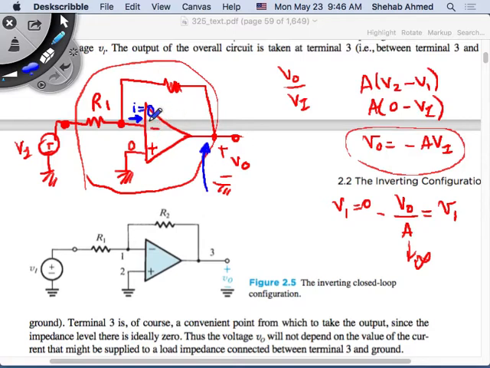Because it has infinite impedance, I here also will be 0. There's no current flowing here or here. Nothing goes into the ideal op amp.